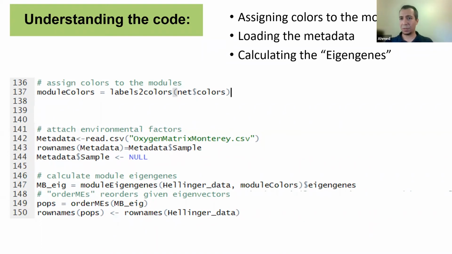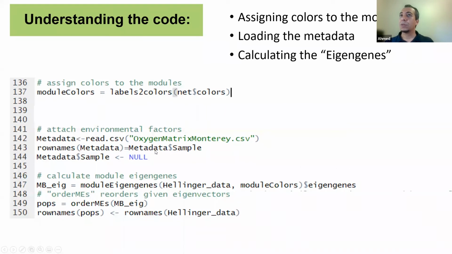This gray module is where all of the taxa that are not really assigned to one of the other modules will fall into. So this is a collective thing. And sometimes they are actually useful. Sometimes you find that this is your hub that's driving the whole network. So this is just the line that's assigning the colors and saving them in this variable here.